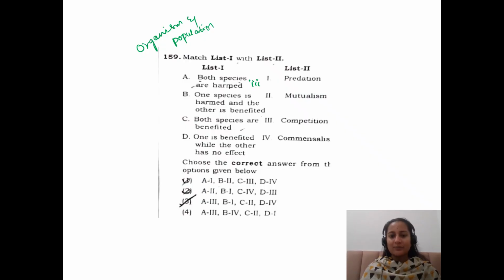One species is harmed and the other is benefited, so that is predation or parasitism. Both species are benefited in the case of mutualism. One is benefited while the other has no effect, the other being neutral, that is commensalism as well as amensalism. So the answer will be 3.